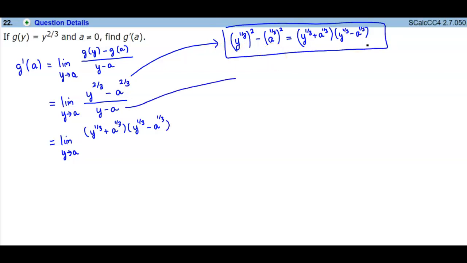Okay, now let's take a look at the denominator. What we want to do is make sure that this denominator resembles something that we can simplify in the numerator that we just expanded.